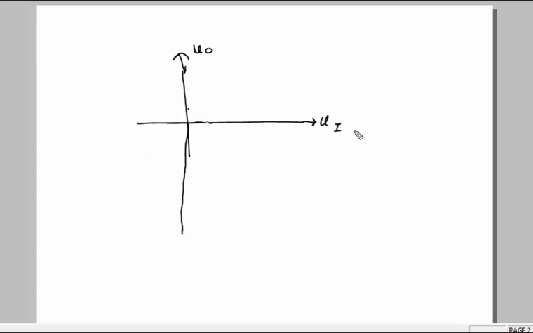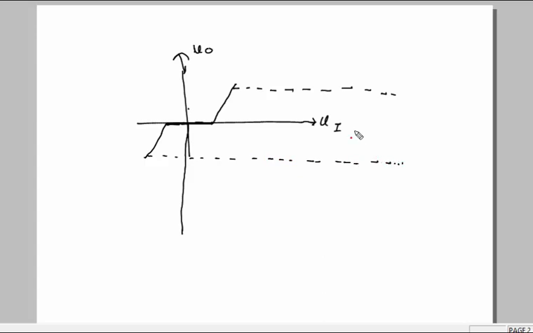From here to here it's a dead band. Let's say this is the maximum value, and similarly this will be the maximum value on the negative side. So the maximum value is VCC minus VCE.